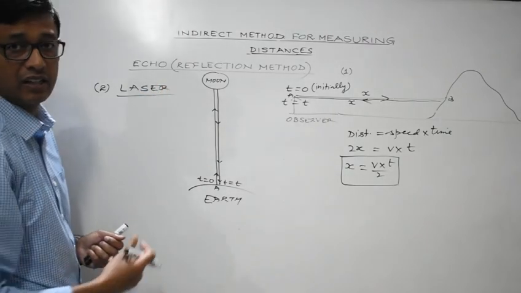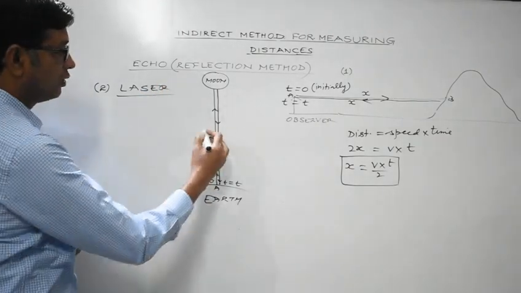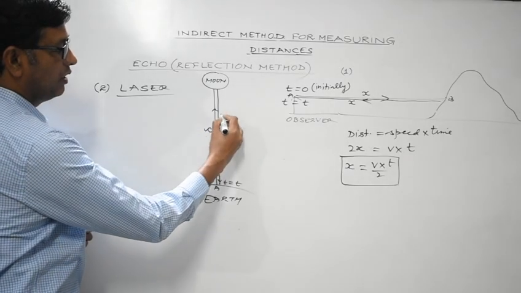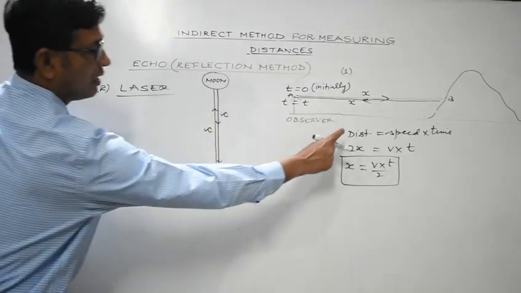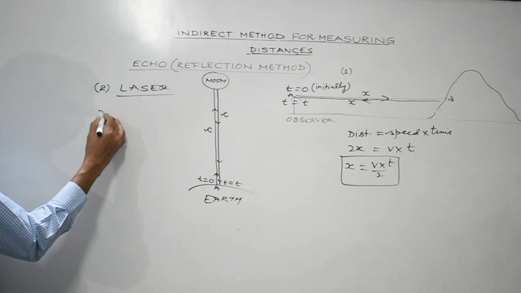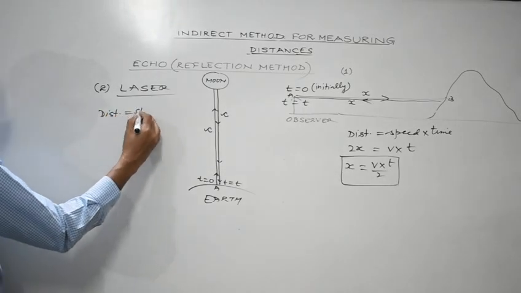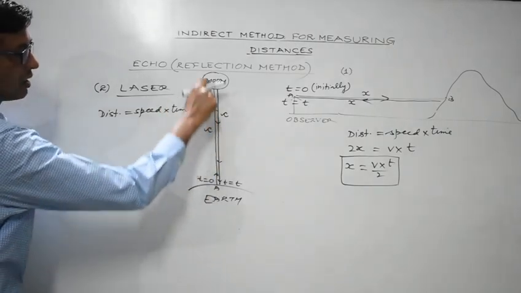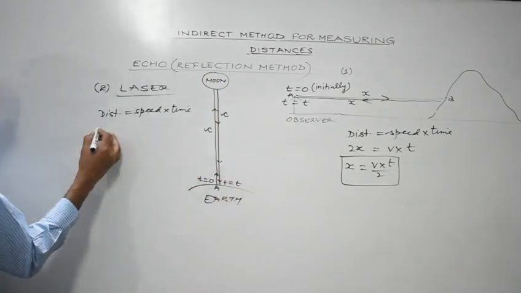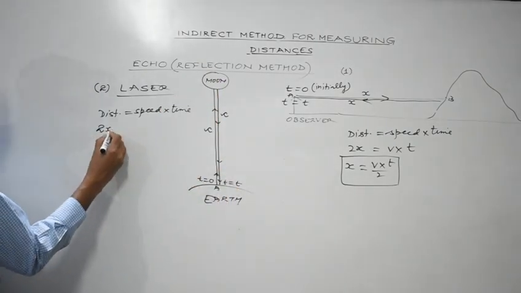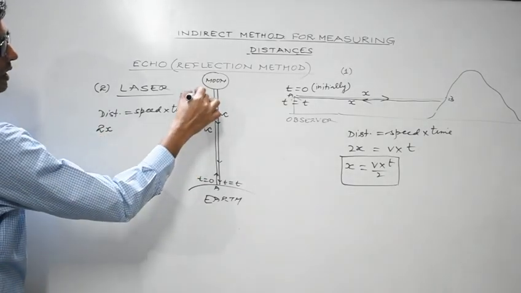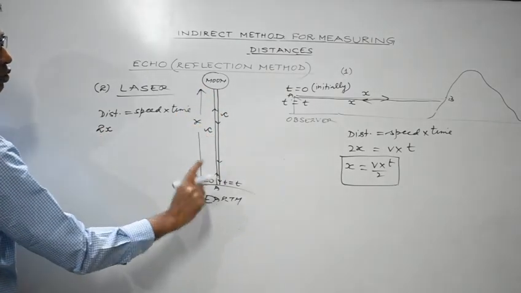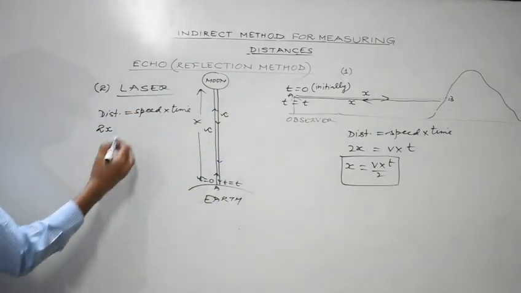Laser is a source of electromagnetic waves, so it travels with speed c in air or vacuum. Again making use of the same formula, distance is equal to speed multiplied by time. What is the distance covered by the laser beam during time t? C is the speed, and suppose x is the distance, so the total distance covered is 2x.